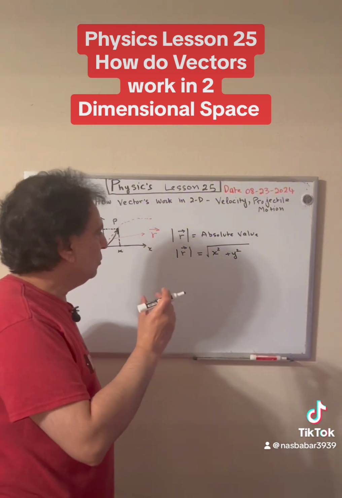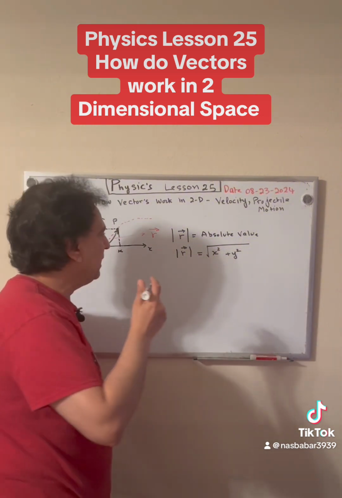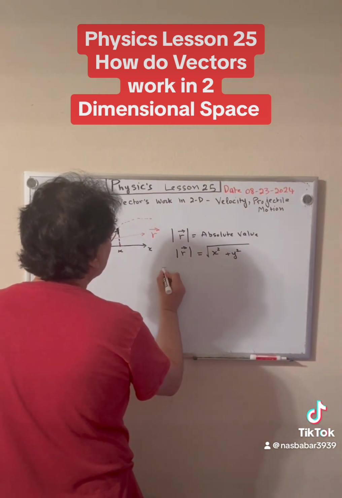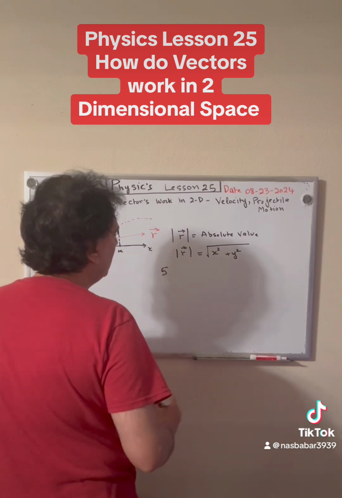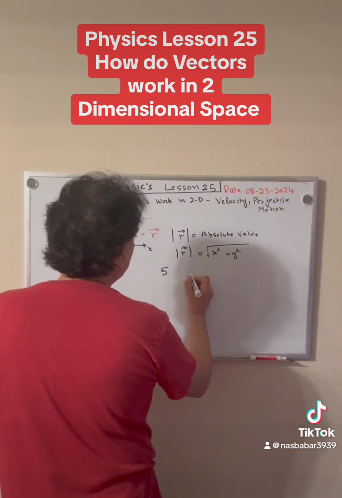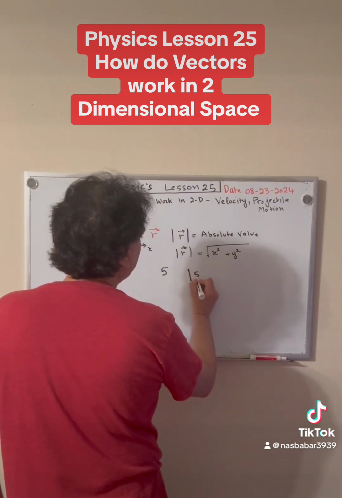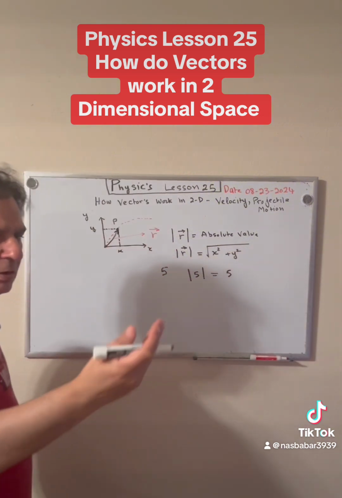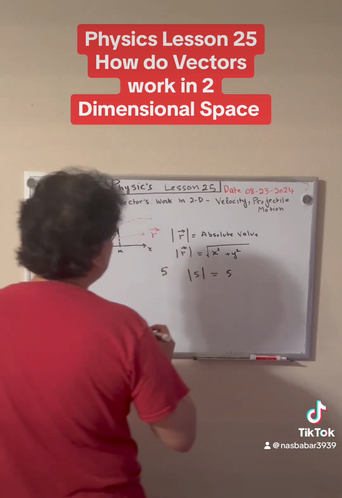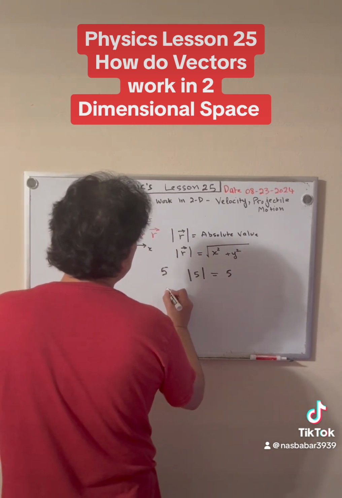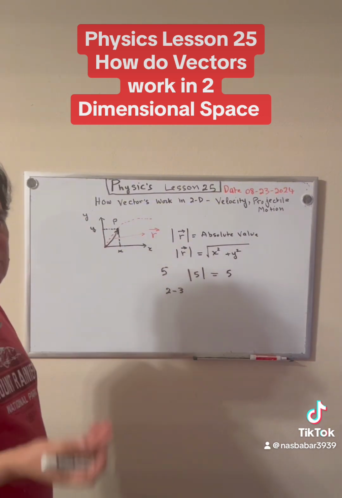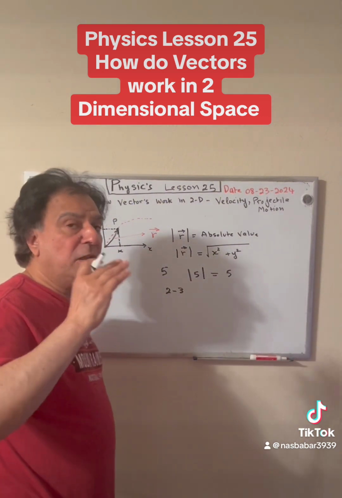If you recall from my algebra lecture, I asked, can you find the absolute value of the number 5? And you said, no problem, the absolute value of 5 is 5. Then I asked, can you find the absolute value of 2 minus 3? 2 minus 3 we know is negative 1, but I want the absolute value.